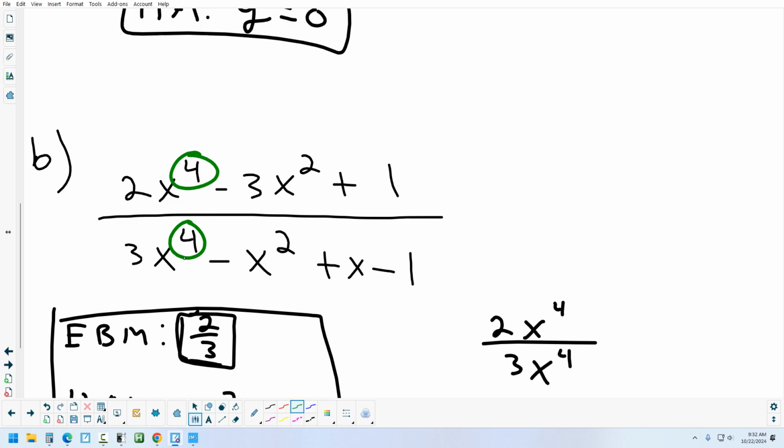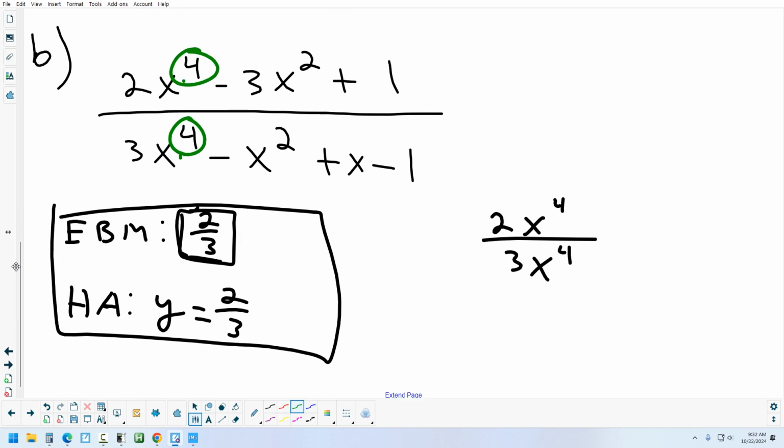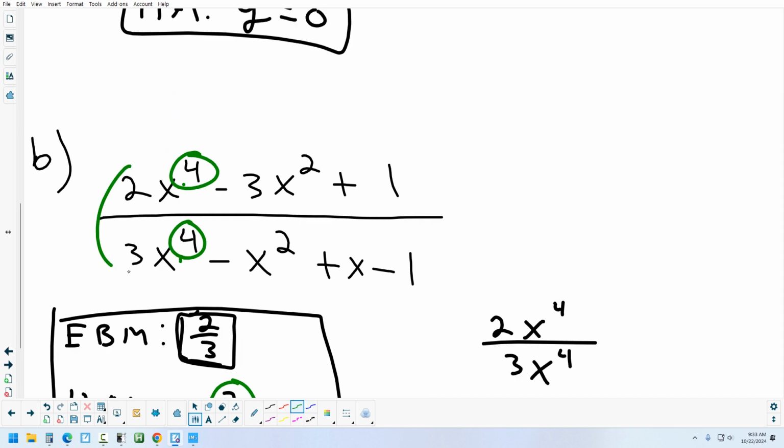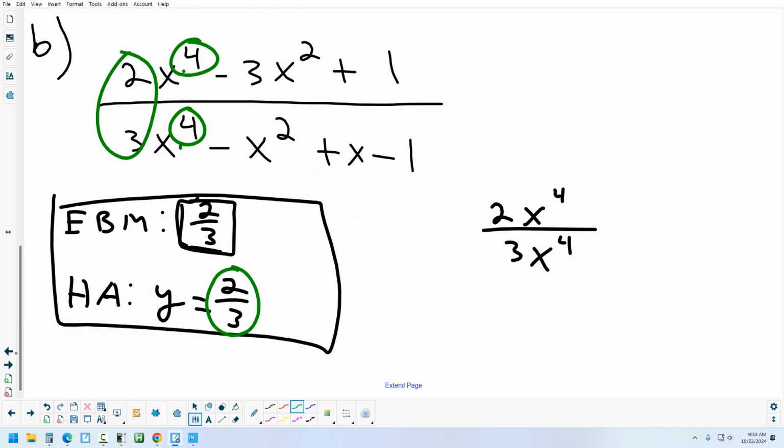There are no x's left in the bottom here because they were exactly the same number in the top. When all the x's cancel out, you're going to be left with a horizontal asymptote that's at a number that is not 0. What number is it at? Well, whatever numbers are right there. That's where it'll be. Any question on that?